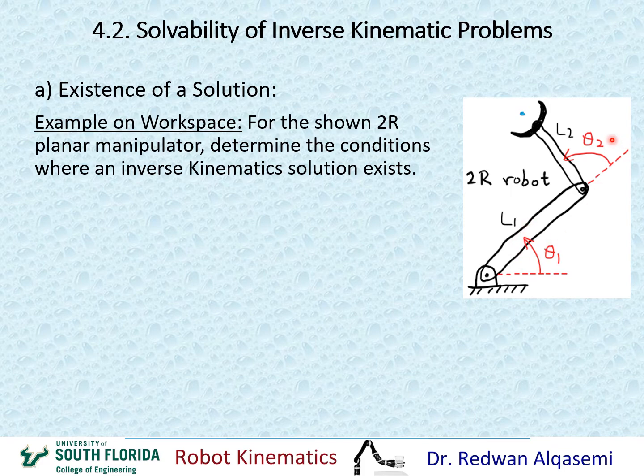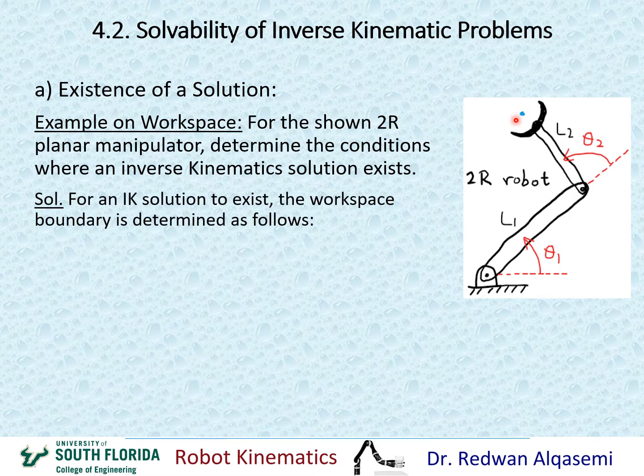We have joint 1 and joint 2. And we have the end effector right here as we see it. So to solve this, for the inverse kinematic solution to exist, the workspace boundary has to be determined first. And in order for us to determine the workspace boundary, we have to first freeze one of the joints and move the other joint.